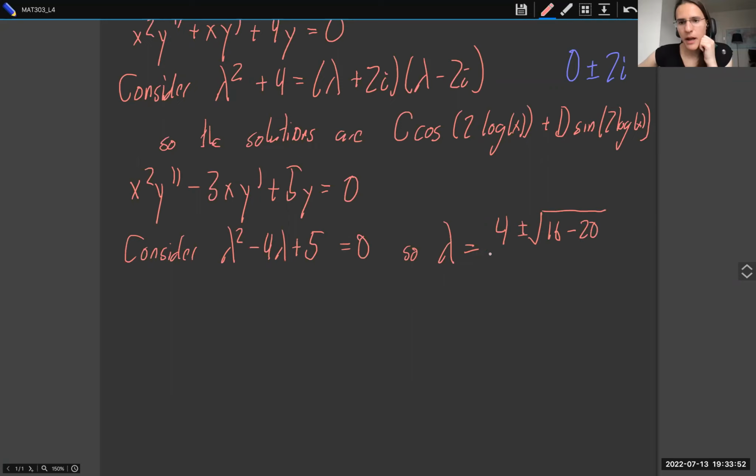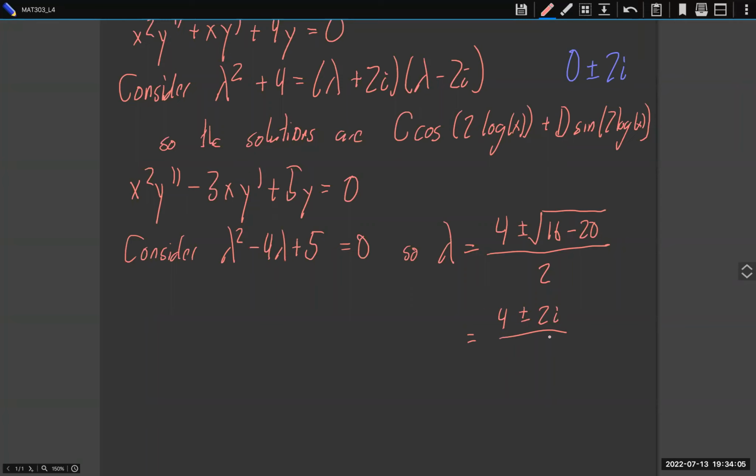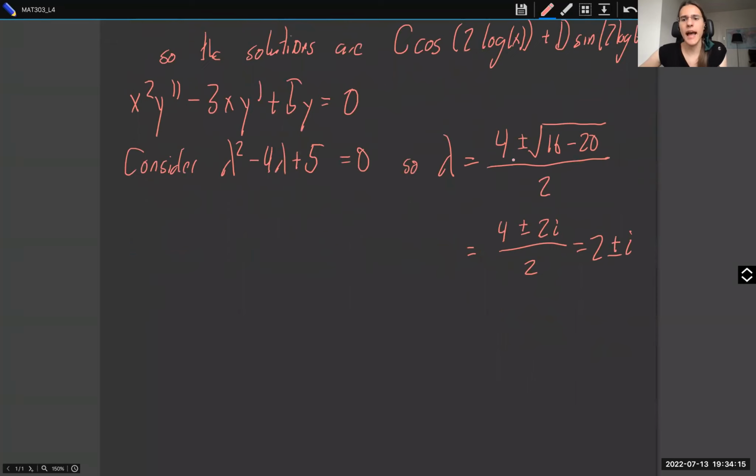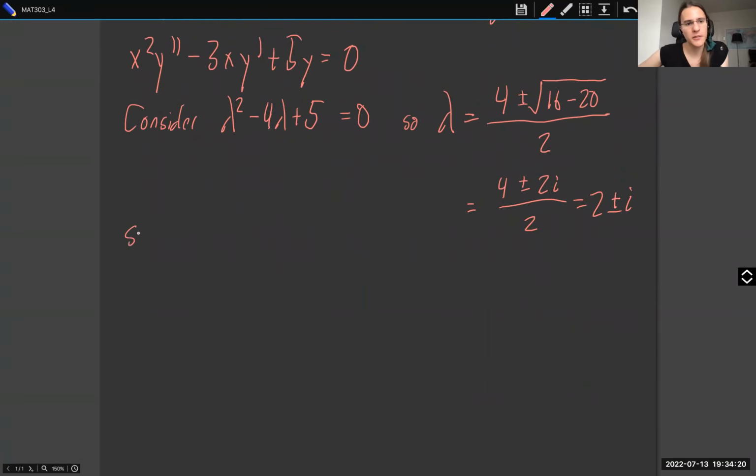And then divided by 2. So what we get then is 4 plus or minus 2i divided by 2. So that's 2 plus or minus i, right? Okay. So now we have this part. So the solutions are what?